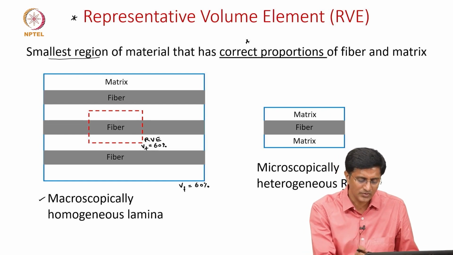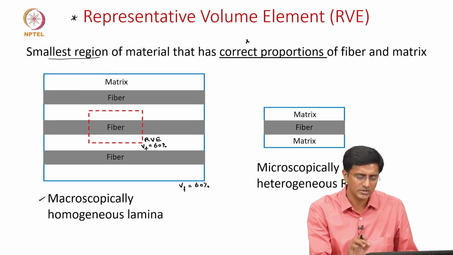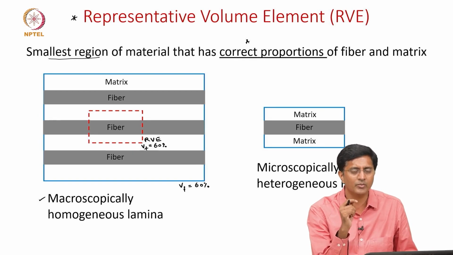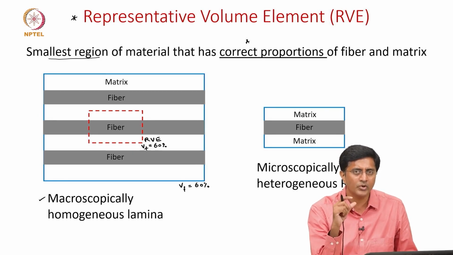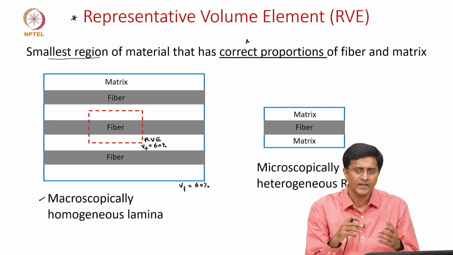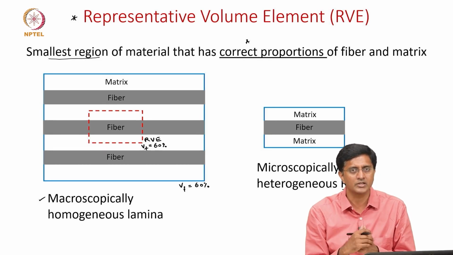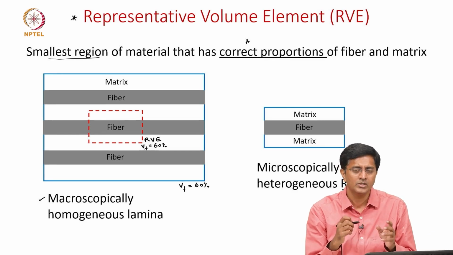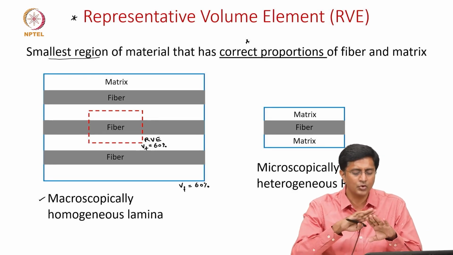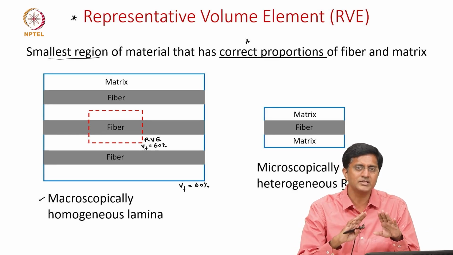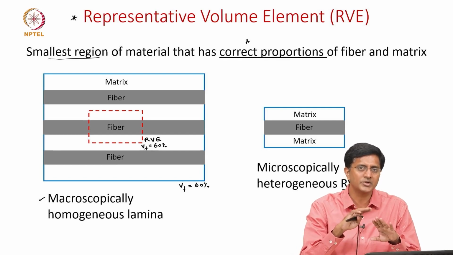Okay. So once we are able to come up with this RVE, usually there is only one fiber in most of the RVEs, but there are instances when you will be forced to take more than one fiber. For example, let's say we are looking at bidirectional composites where these fibers are in two perpendicular directions, and since these are woven, there is a three dimensionality to it.